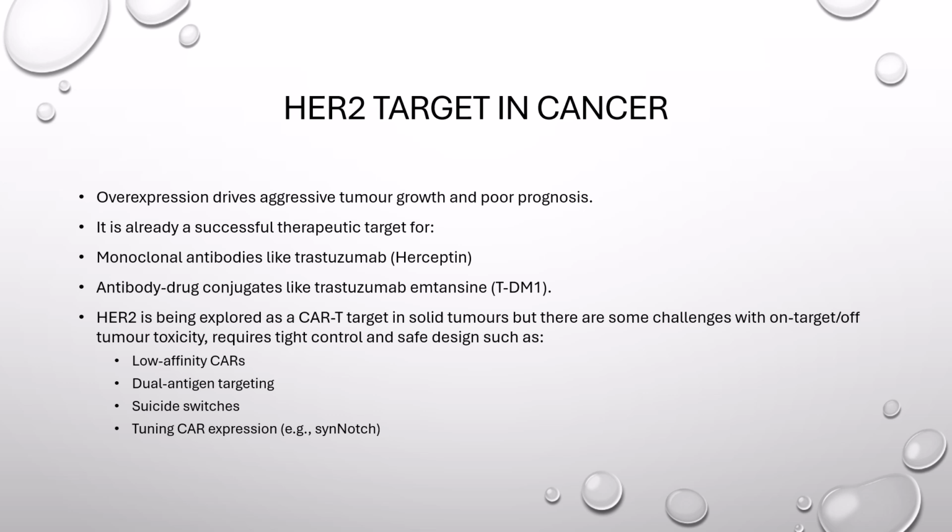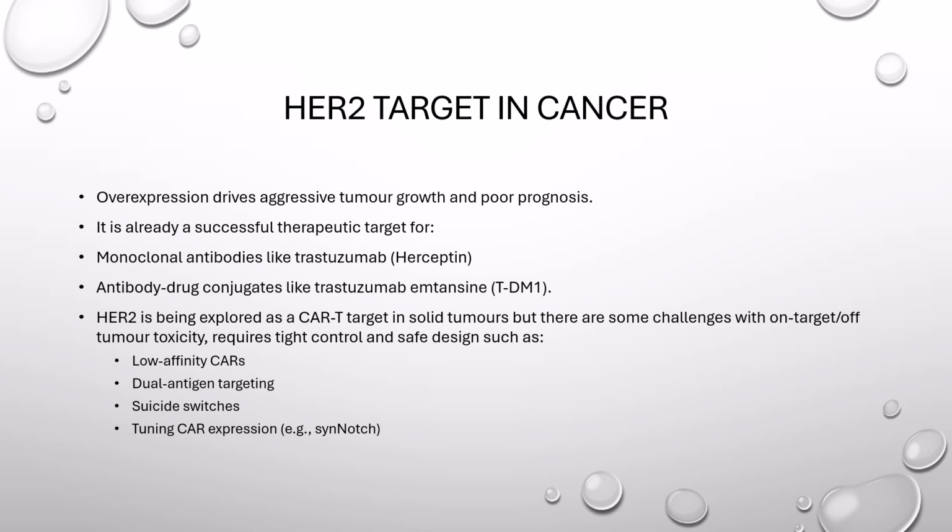However, as I said in the previous slide, there are some challenges with on-target, off-tumor toxicities. So we want a way of tightening the control to ensure better safety for these types of CAR T where we're targeting HER2.